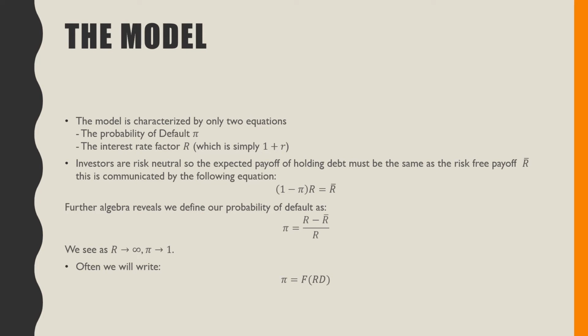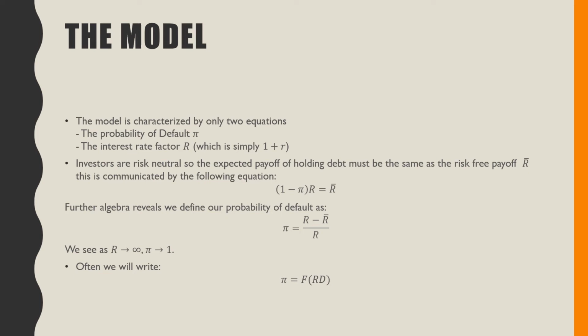Further algebra reveals a nice relationship that defines our probability of default. We'll see that as this interest rate factor, which the government is in control of, tends to infinity, the probability of default converges to 1, which makes sense. Often we'll write this as pi being the CDF as determined by RD, which is this newly issued debt here.